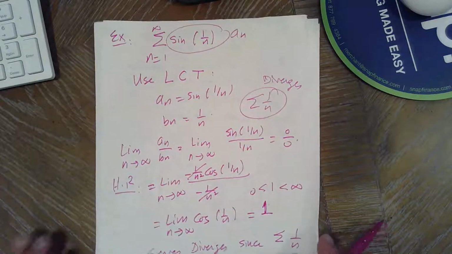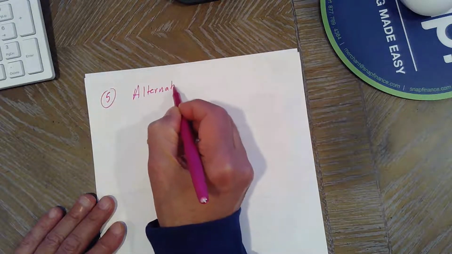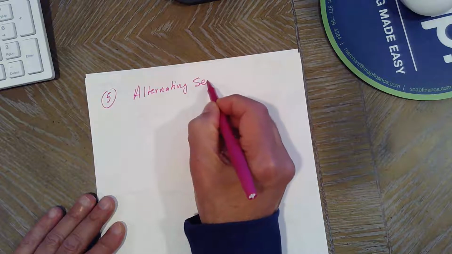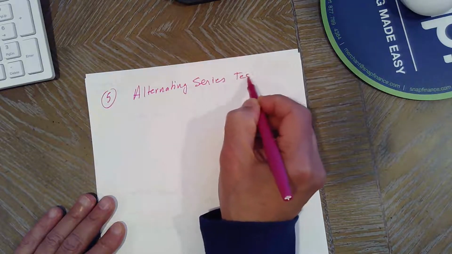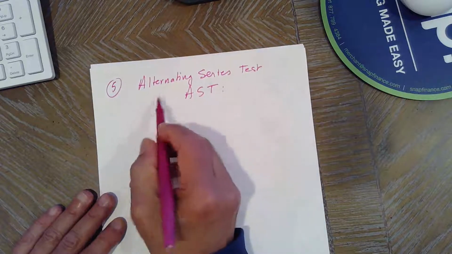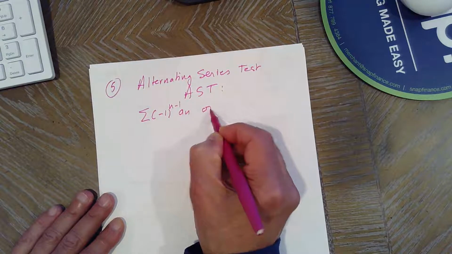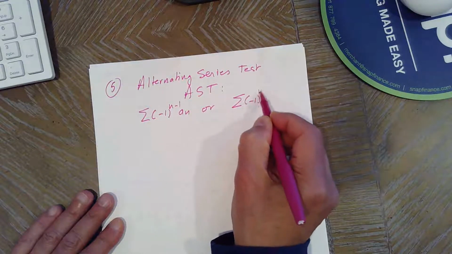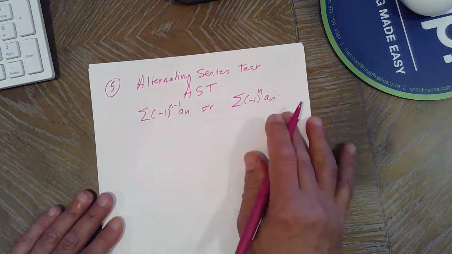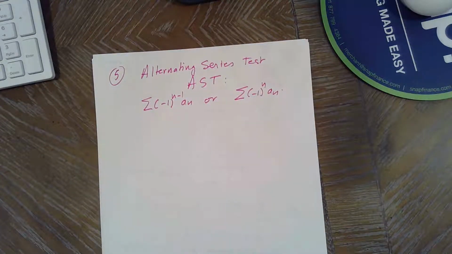Then the alternating series test, number 5. If the series is of the form negative 1 to the n minus 1 an or negative 1 to the n an, we use the alternating series test.